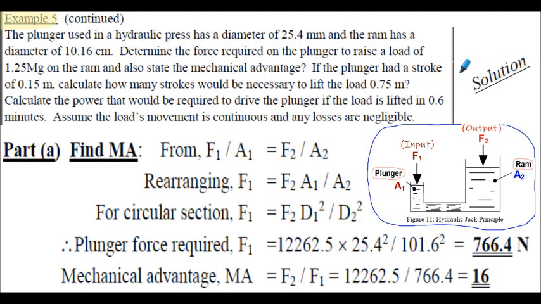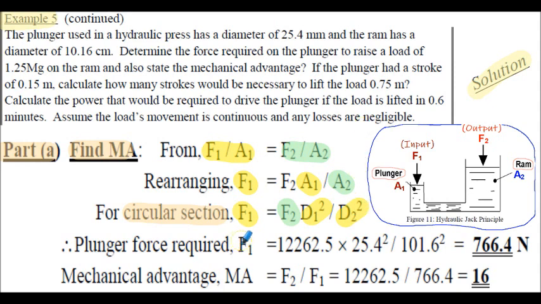Example 5, the solution continued. So the first part of the question, I've labelled as part A here. We've got to find the mechanical advantage, MA. So from our formula of input force divided by input area equals output force divided by output area, rearrange for the input force, that's in terms of areas, and we know for a circular section, F1 could be stated as F2 multiplied by D1 squared divided by D2 squared.